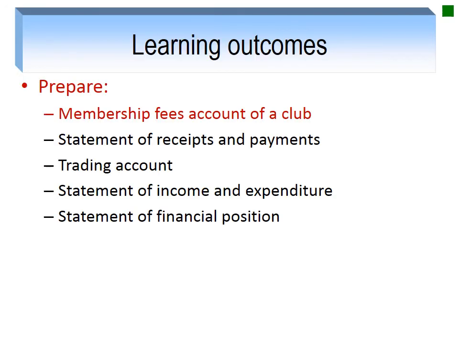For non-profit companies, the membership fees account is what you need to focus on. In this lecture, I've shown you the other types of financial statements for a non-profit company. You already know how to do these things because we've shown it to you for sole traders, partnerships, and companies, but we're not going to be testing you on those in the exam for clubs.